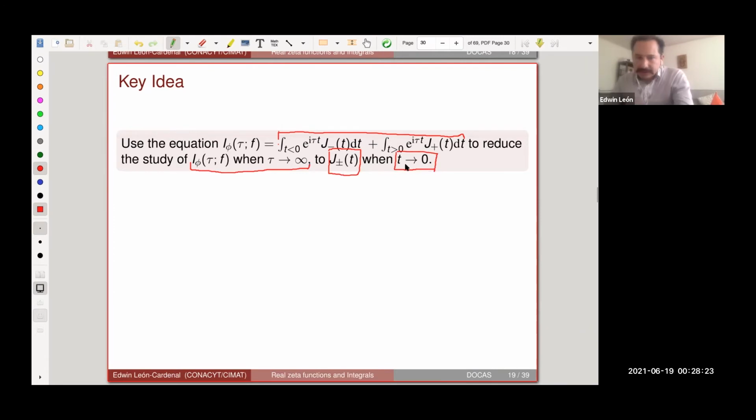And this is something that I want to explain later, okay? But the key idea is to reduce the problem to just one-dimensional integrals. And then if we can determine in some way the asymptotic behavior of these guys, then we can say something about the original integral, okay? This is the strategy.